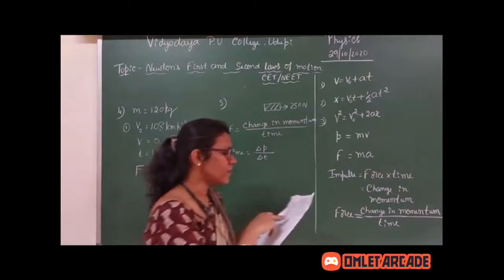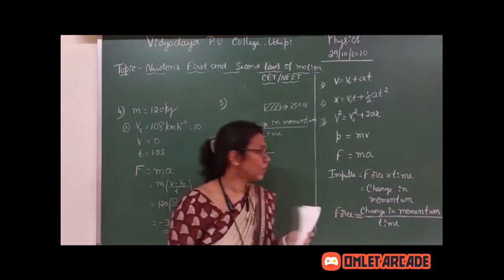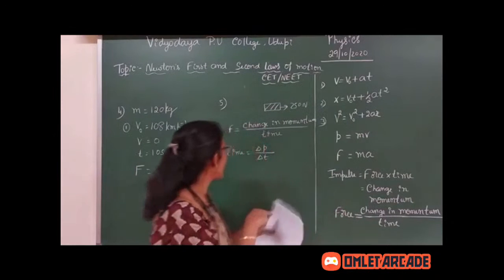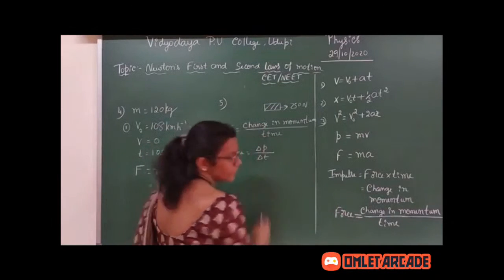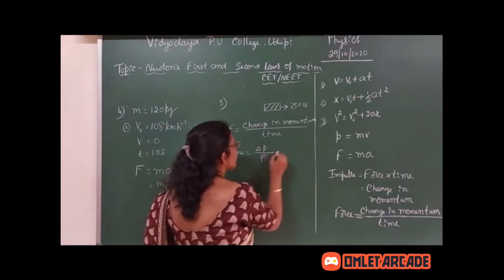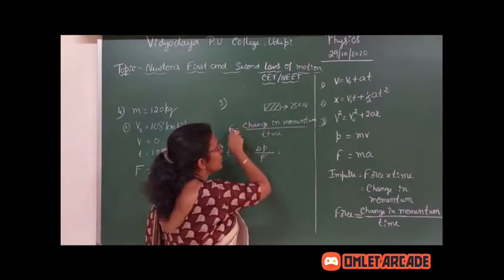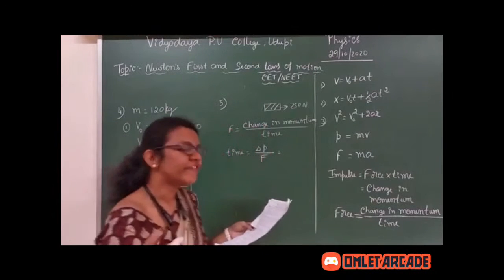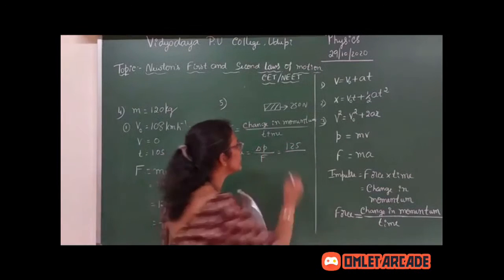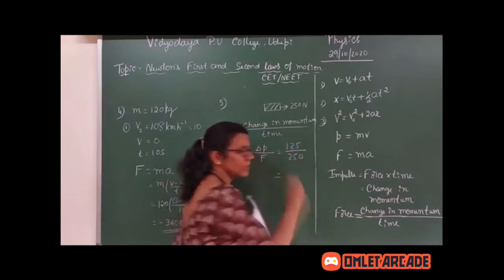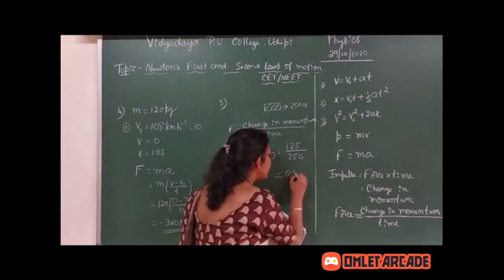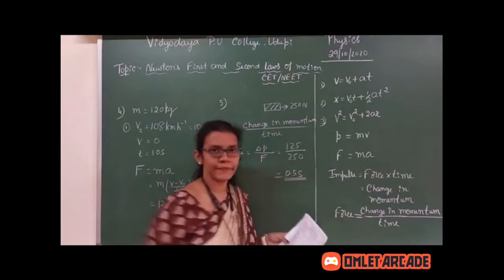Change in the momentum, 125 minus 0. The time taken is not given, so we have to calculate it. So the time is equal to delta P divided by F. Delta T is change in momentum by F. So 125 minus 0 is 125 divided by force 250. 125 by 250, we get 0.5.